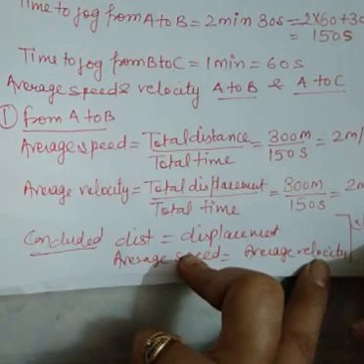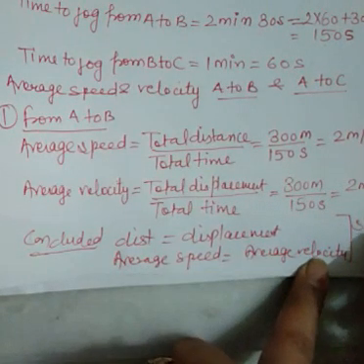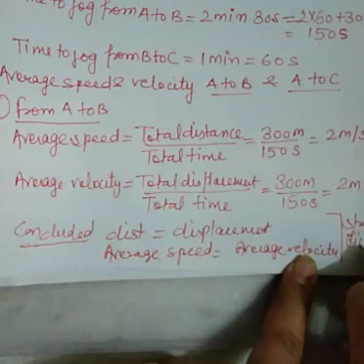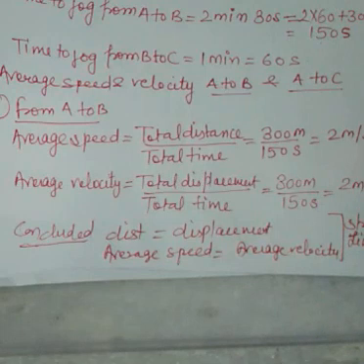It is an important conceptual question, so you have to keep it in mind that in a straight line path, distance is equal to displacement and average speed is equal to average velocity.